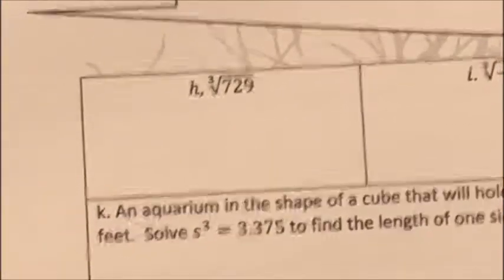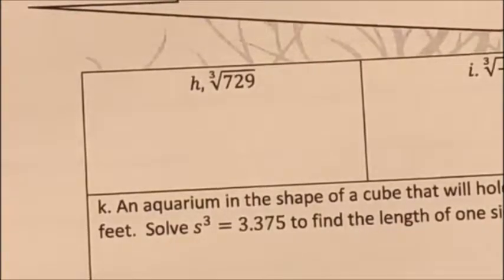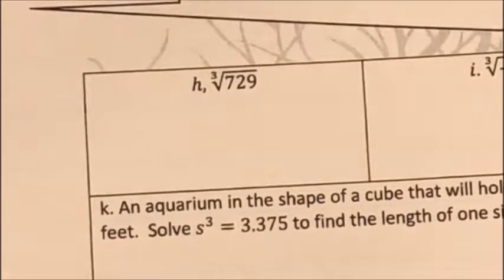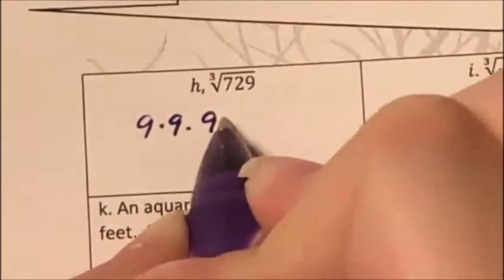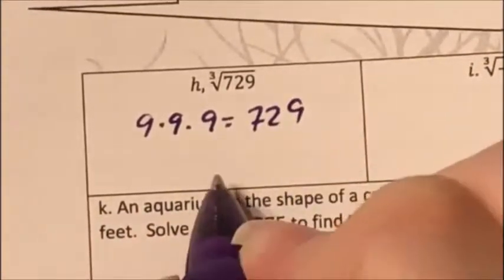All right, so the first problem I want to look at is H. H says the cube root of 729, okay? Well, what times what times what gives me 729? Okay, 9 times 9 times 9 does give me 729.